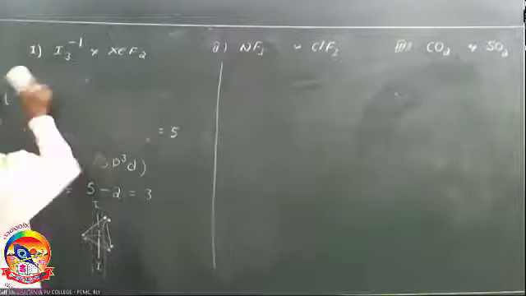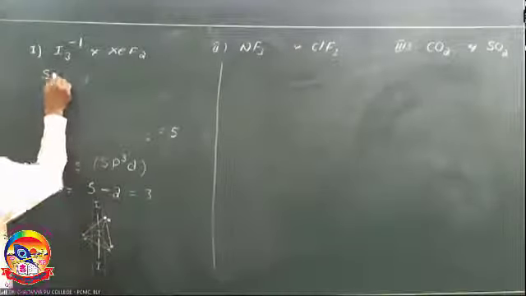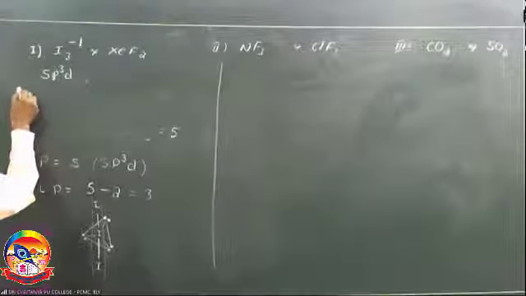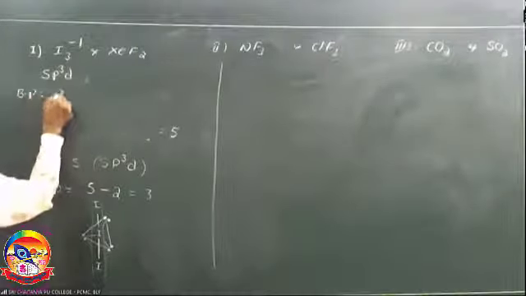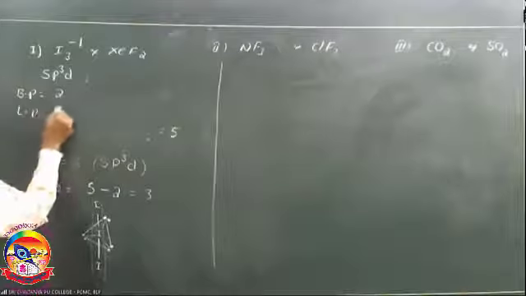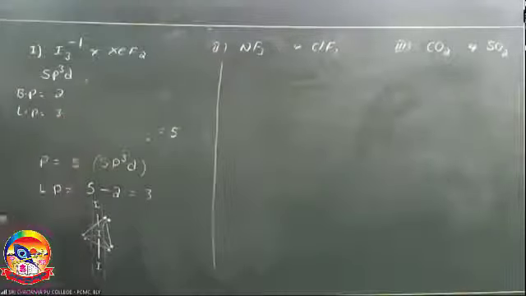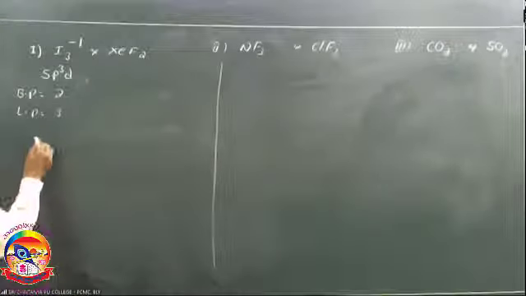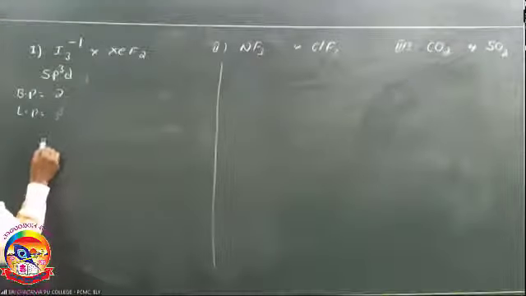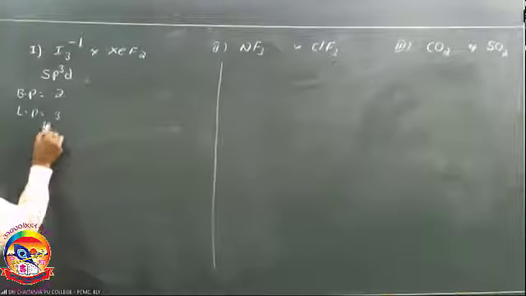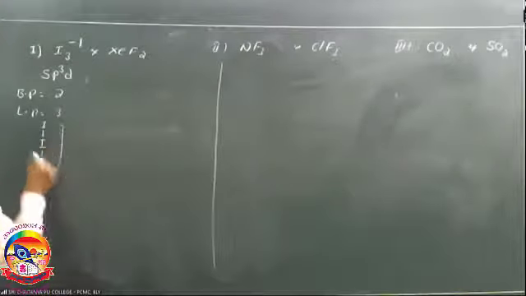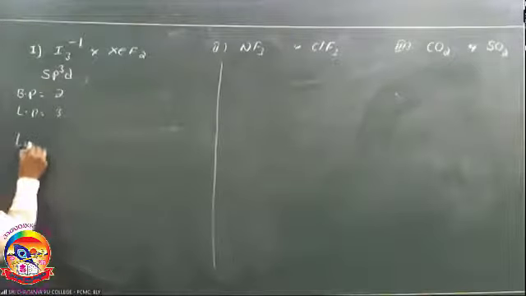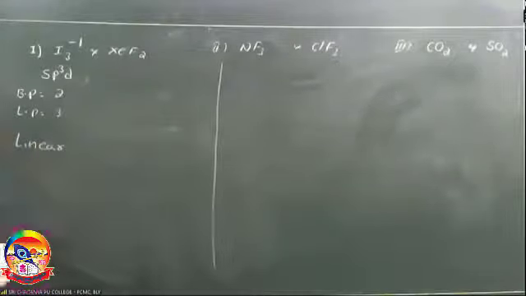The hybridization is sp3d, the number of bond pairs is 2, the number of lone pairs is 3, the lone pairs are equatorial and the bond pairs are axial. So the geometry is linear.